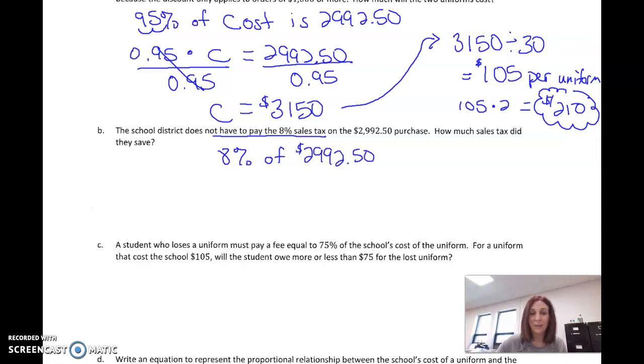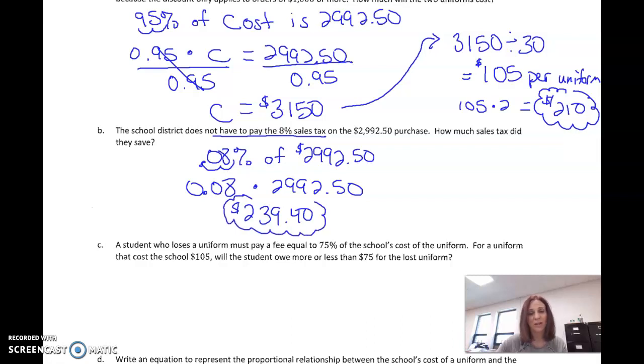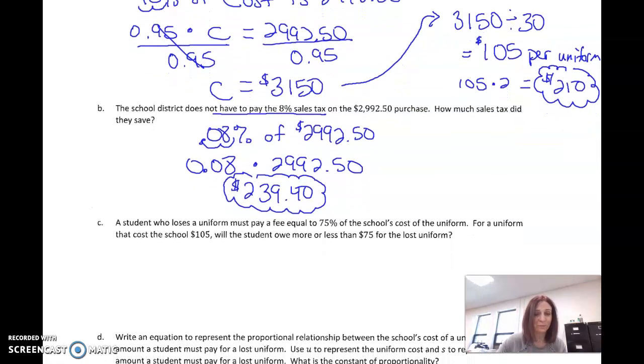So make it into a decimal, 0.08 of means to multiply $2,992.50. When you type that into a calculator, you get $239.40. So how much did they save? $239.40.